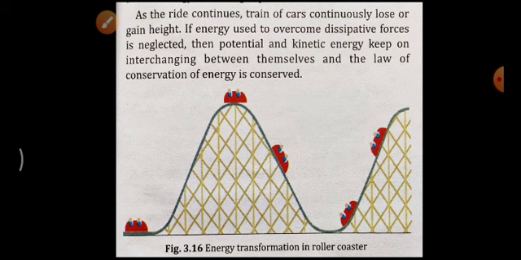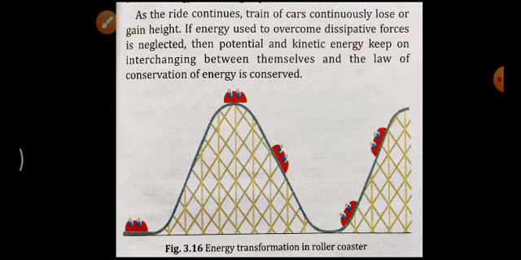As the ride continues, train of cars continuously lose or gain height. Yes, when it is going up, its height is increasing, and when it is coming down, at that time its height is decreasing only. So if energy used to overcome dissipative forces is neglected, then potential and kinetic energy keep on interchanging between themselves.